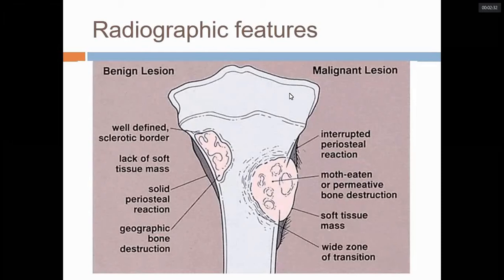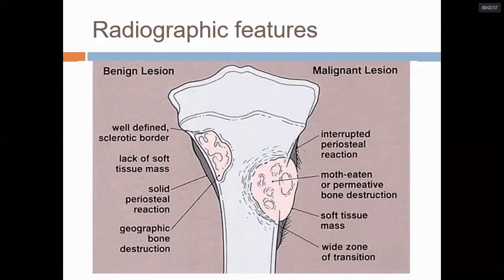So, generally talking about the radiographic features of benign bone tumors in comparison to malignant tumors, what is the main difference? When you see a radiograph and you suspect a tumor, you can make a preliminary diagnosis of whether it's benign or malignant by seeing the radiographic features, and it's a very important aspect of the tumor section of the bone.